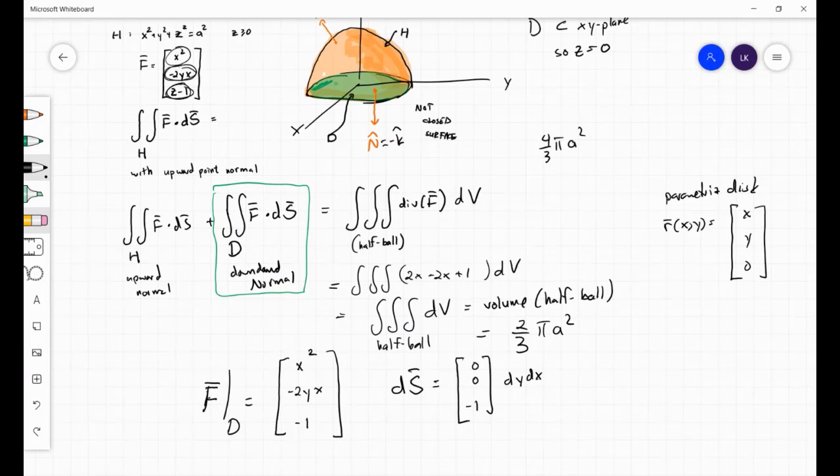Z is 0. And of course, we're on that disk. And so to find dS, we would compute the derivative of r with respect to x, cross the derivative of r with respect to y.